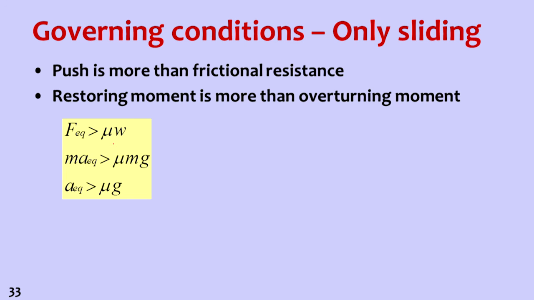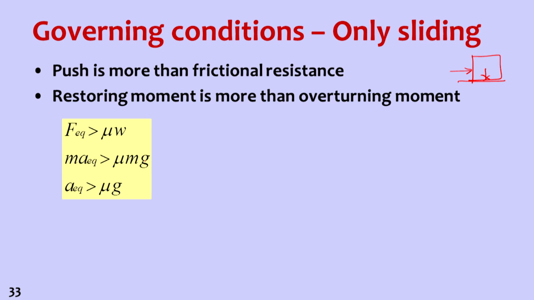As we know, if weight is acting on the base and we want to push, this push, that is the force of earthquake, has to overcome weight times frictional resistance. So the earthquake force, equal to mass of the object times earthquake acceleration, should be greater than the frictional resistance.